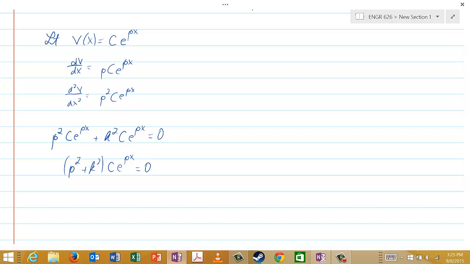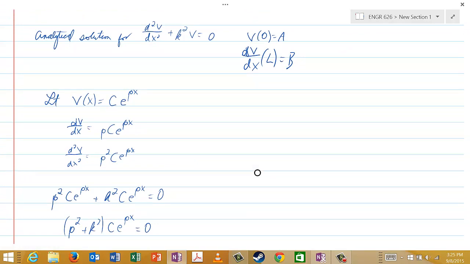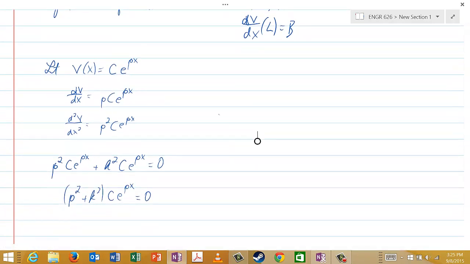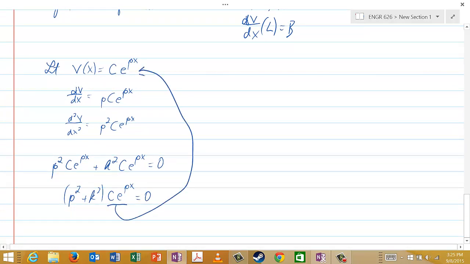But we don't want C e to the px equals 0, because that's v of x itself. So if we chose that to be 0, then we're saying v of x is always equal to 0.